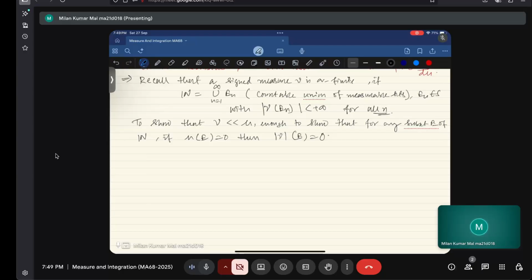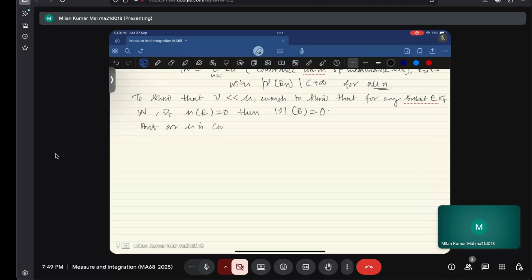But as mu is the counting measure on the sigma algebra of all subsets of the natural numbers, mu of E is 0 implies that E must be empty.